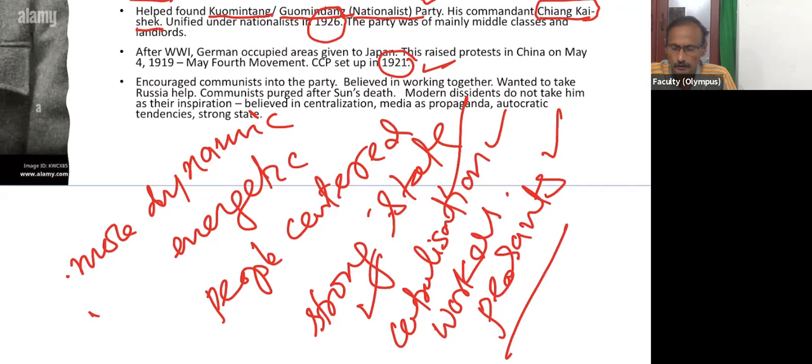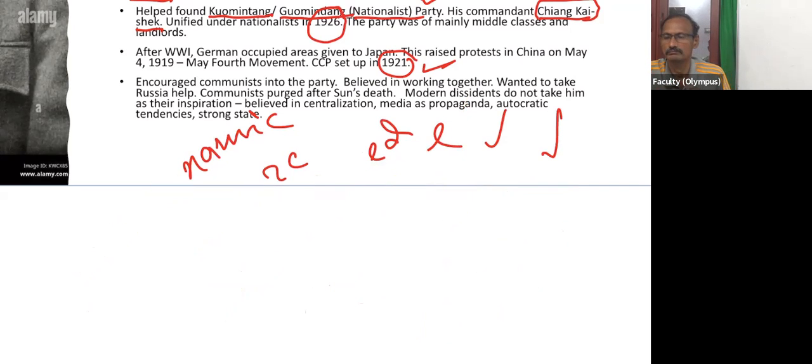But this attitude of Sun Yat-sen towards the communists, many nationalists did not like. So they wanted the Nationalist Party to have nothing to do with the communists. Their fear was that if the communists were allowed, communists would take over the Nationalist Party. And nationalists preferred American cooperation, whereas the communists preferred Russian cooperation.